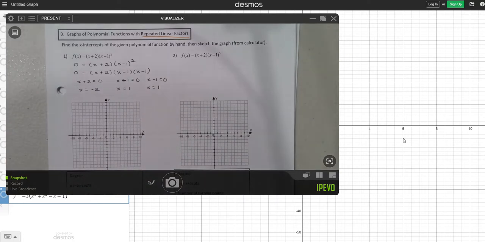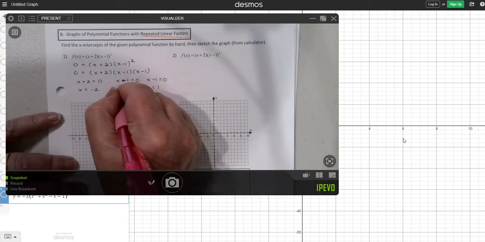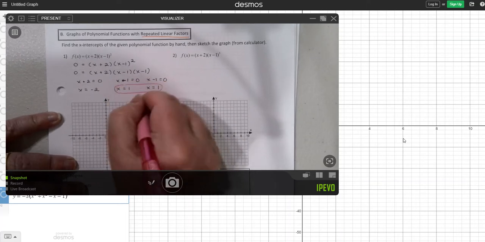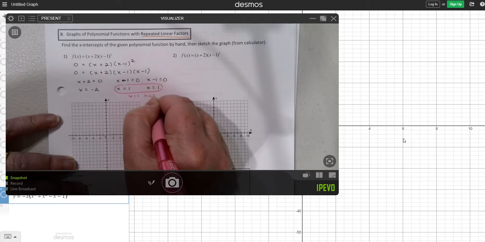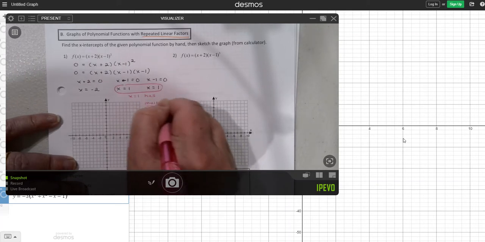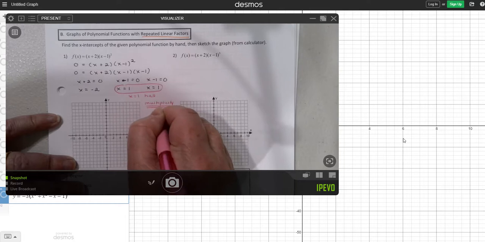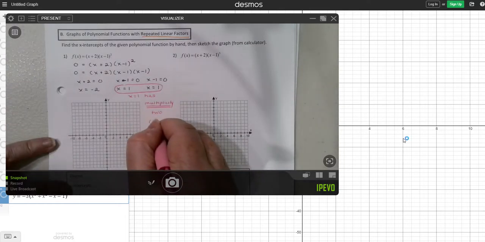When that happens, we call that a solution of multiplicity 2. And I'm just going to use capital M for multiplicity.